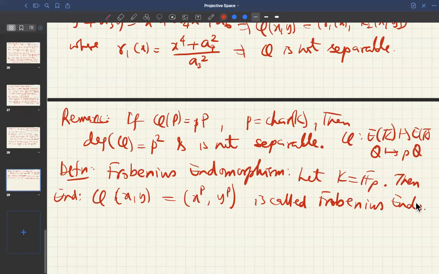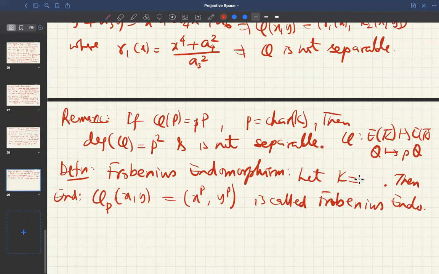One can check that here r1 is x power p and r2 is y power p. Not only for the finite field F_p, but for any finite field.